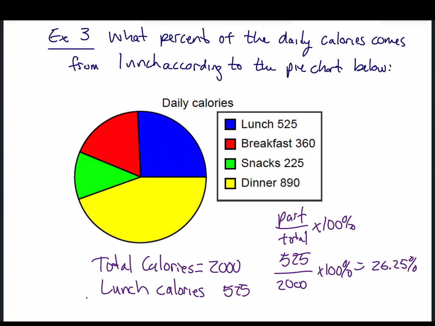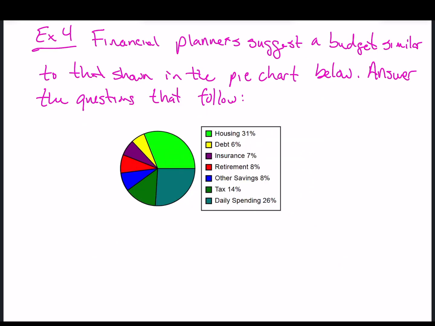Okay, let's try one more example. Example number 4. Financial planners suggest a budget similar to that shown in the pie chart below. Answer the questions that follow. Part A. What is the total of the percentages on the graph?